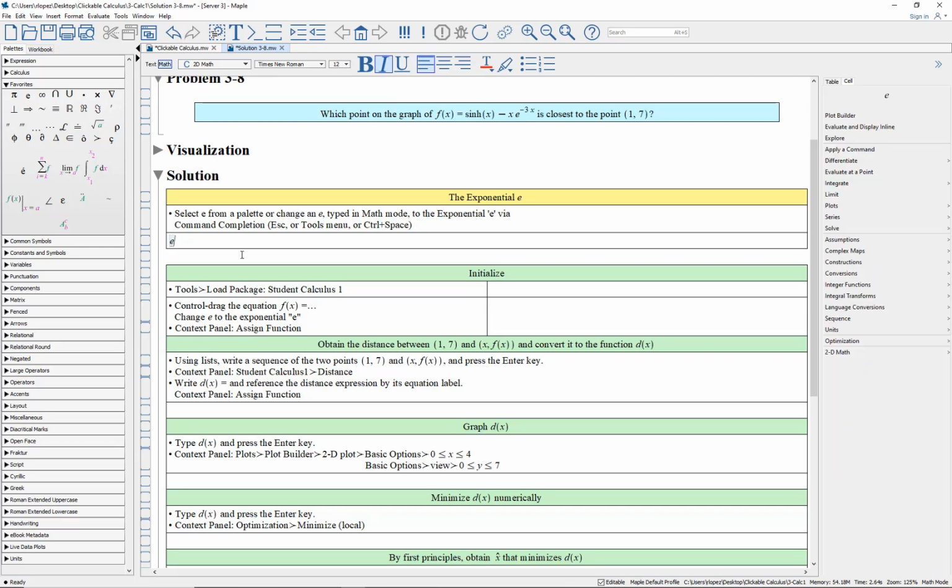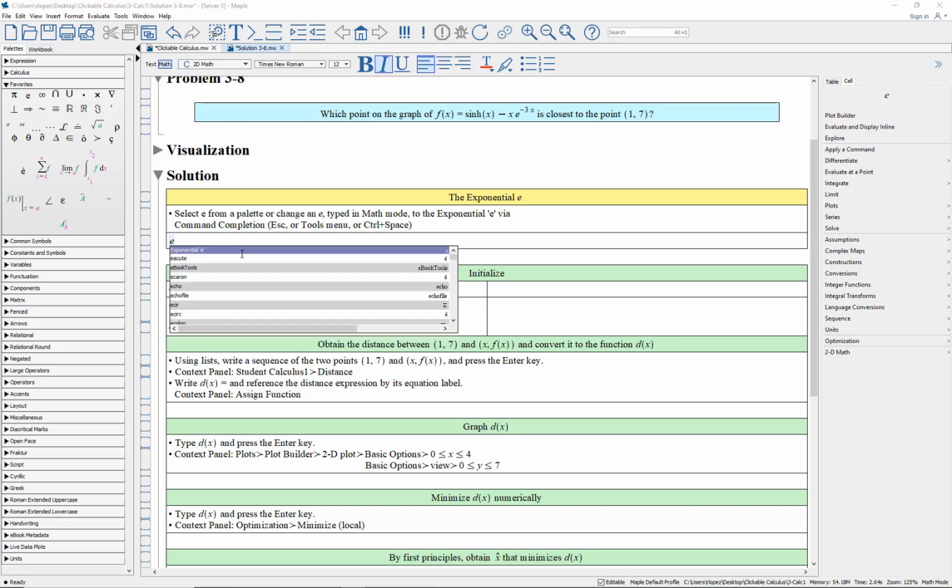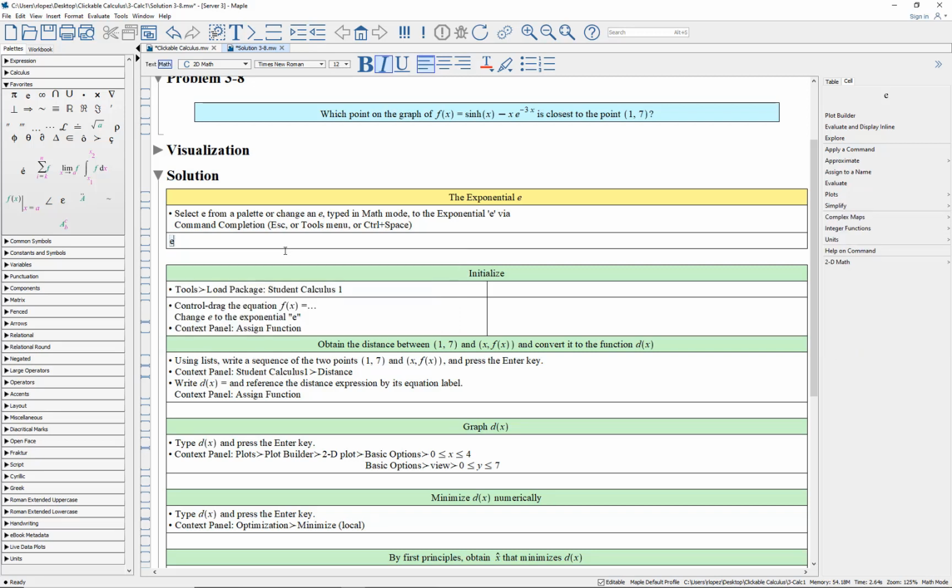Type in E and use command completion. Now, the easiest way to do command completion is to press escape. A table comes up containing all of the things that start with E, and the very first one is the exponential E. So those are your two choices for implementing the exponential E.